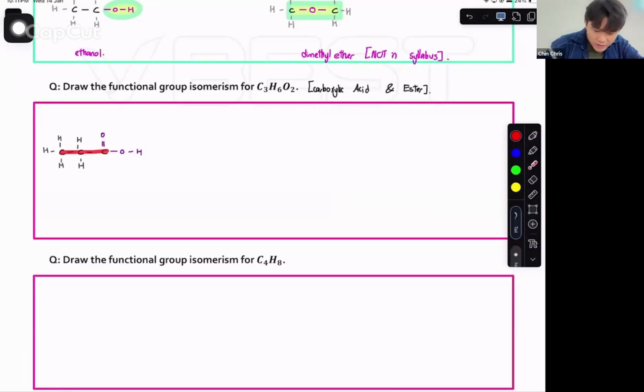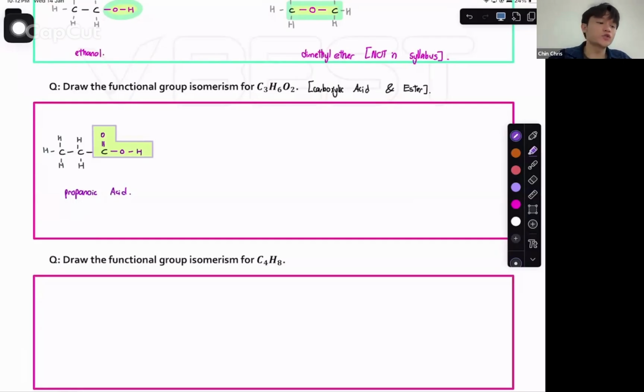So do you see a C3H6O2? Done. This we call propanoic acid. The functional group is our carboxylic acid, COOH. Please write it down.